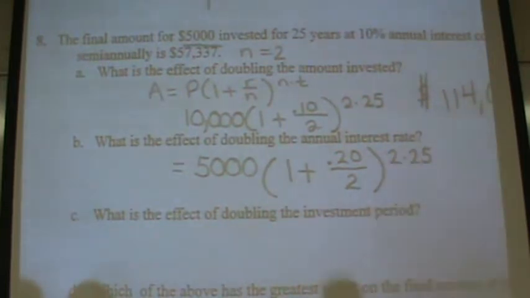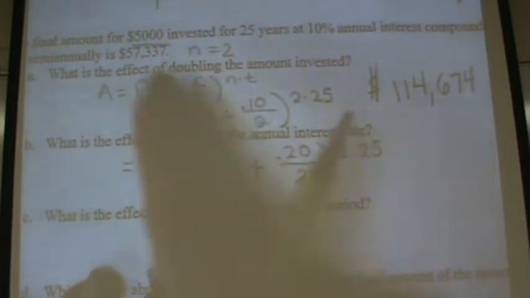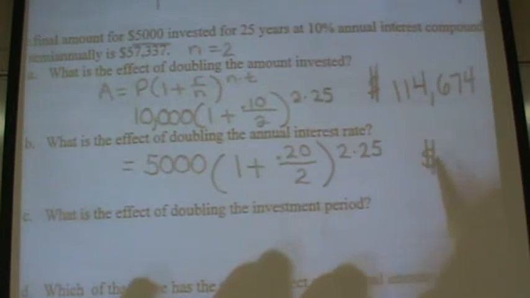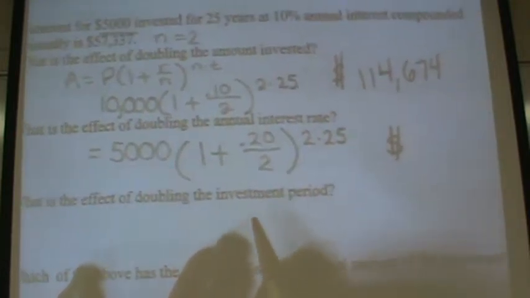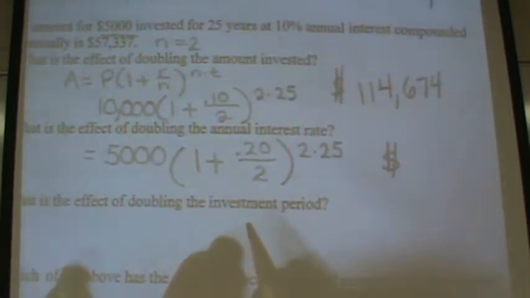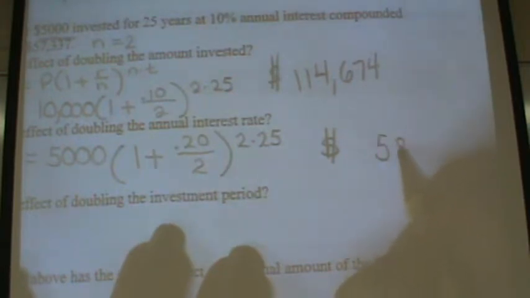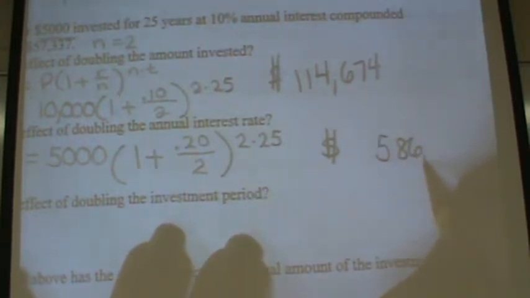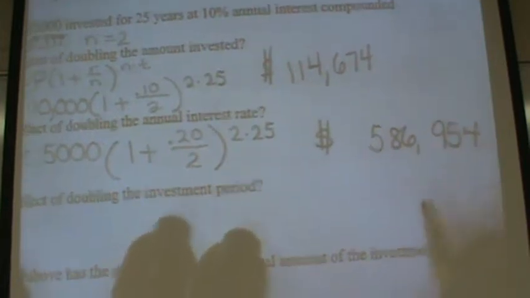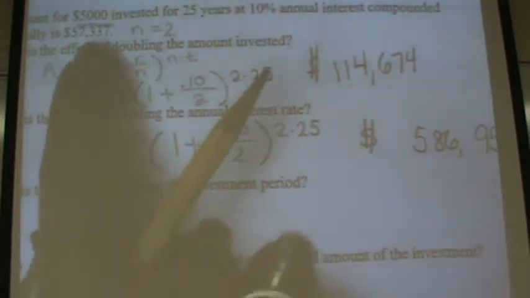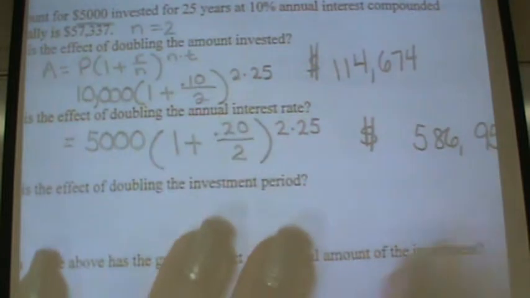If we doubled the interest rate and not the money, how much would you have? You wouldn't have this amount. If you doubled the interest rate, you'd end up with $586,000. That's more than 10 times the amount.